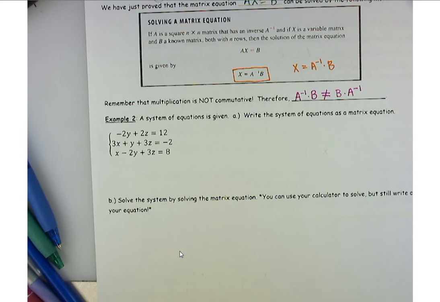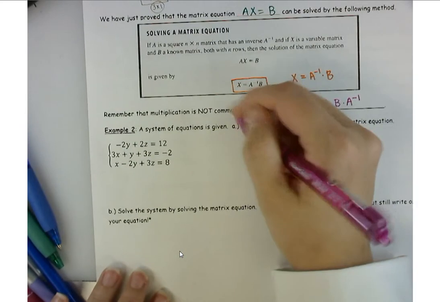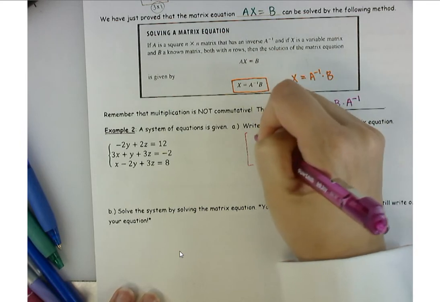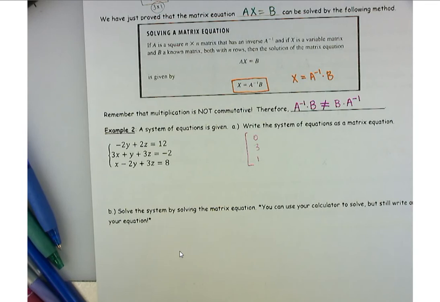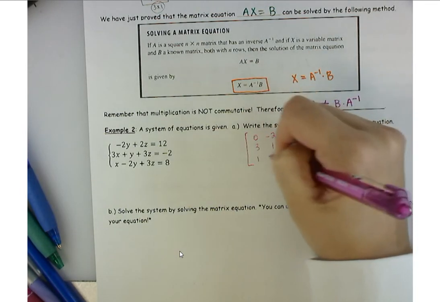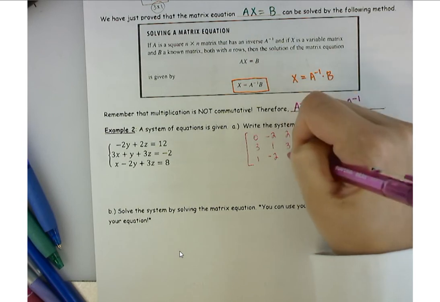Alright, let's see how we did. So notice what variable is missing from the first equation. An x. So then what do we put in for x? 0. Okay, so the coefficients of the x's are 0, 3, 1. The coefficient of the y's, negative 2, 1, negative 2. And then the coefficient for the z's is 2, 3, 3.